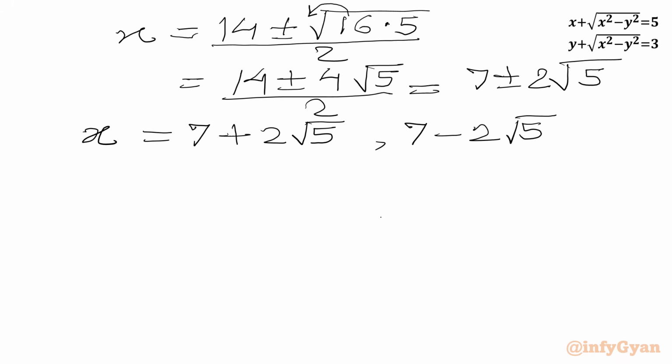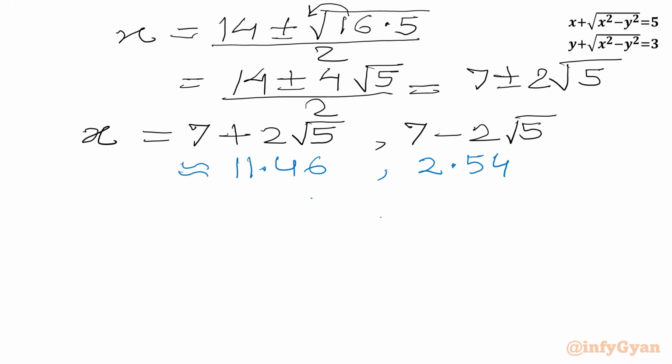Square root 5 is approximately 2.23. So 2 times 2.23 is 4.46. So 7 plus 4.46 is approximately 11.46, and 7 minus 4.46 will be approximately 2.54.